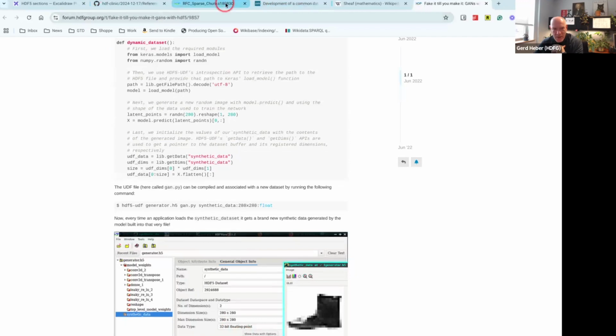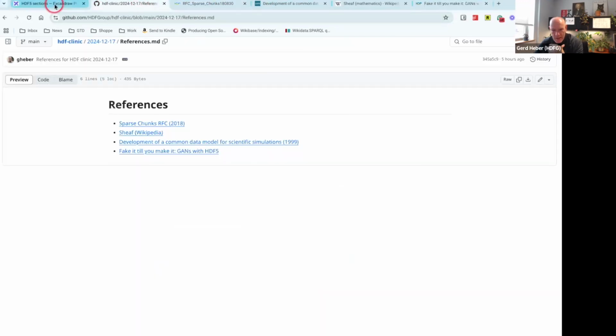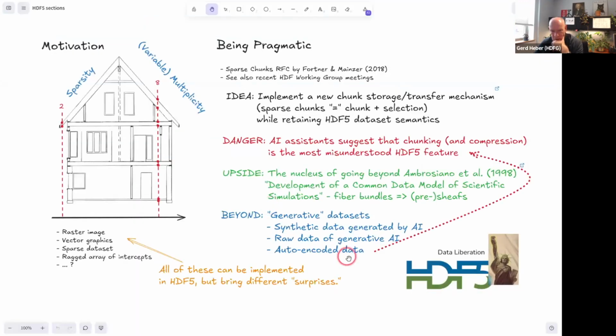So we have definitely seen attempts in that direction already. And last but not least, of course, we will probably see perhaps one more or two more new storage layouts.